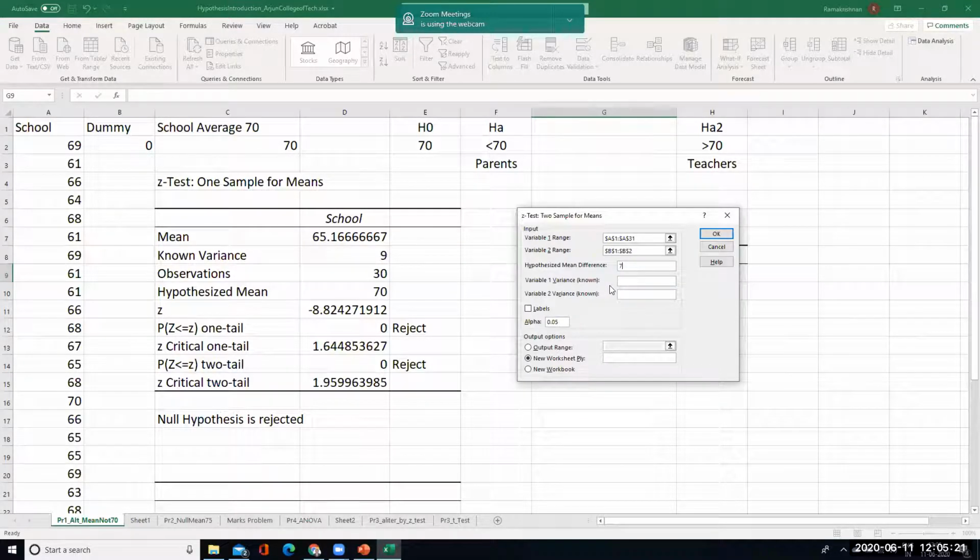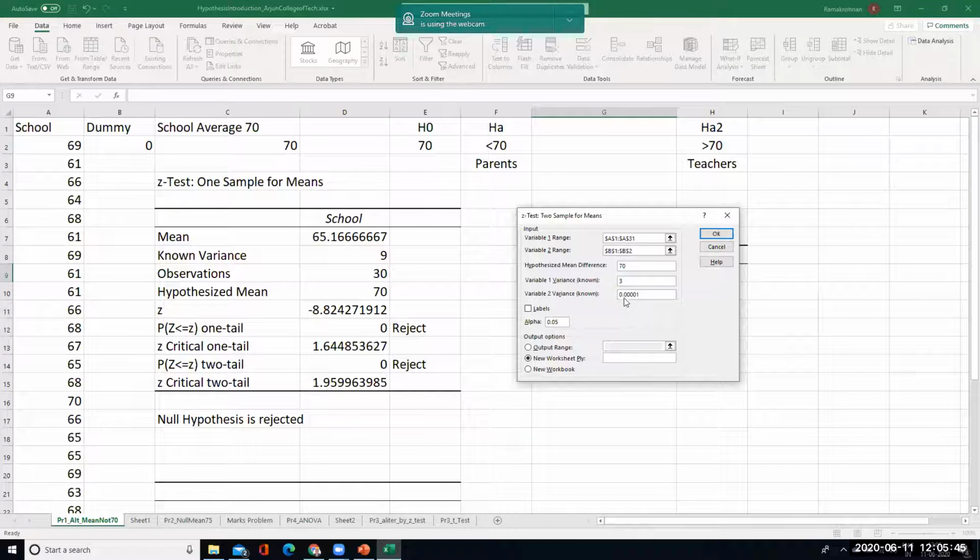So I'm putting 70 as the hypothesized mean difference. Then what is the known variance? I'm putting known variance as 3, because the population variance we know. And for the dummy variable, I have taken 0, but I can't put 0, therefore I put 0.0001.